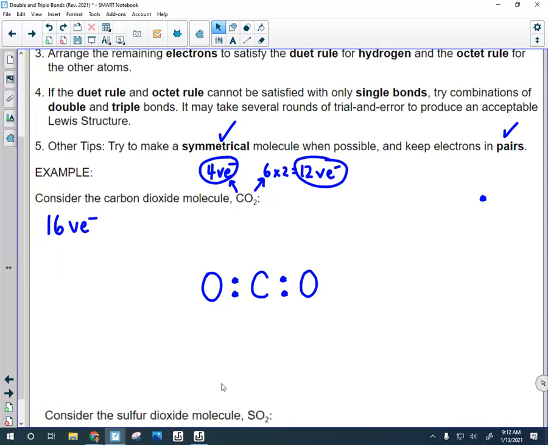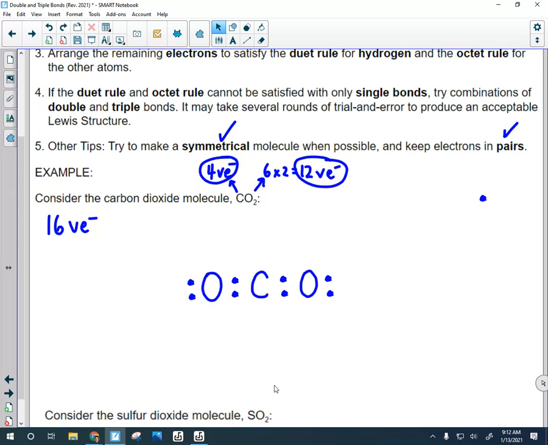And then I start to bring in the rest of the 16. I try to do it in a symmetrical way to see if I can get the octet rule satisfied. So I'm going to bring them in pairs. So I've done 4. That's electron number 5, electron number 6. To keep it balanced, I'm going to go electron number 7, electron number 8.